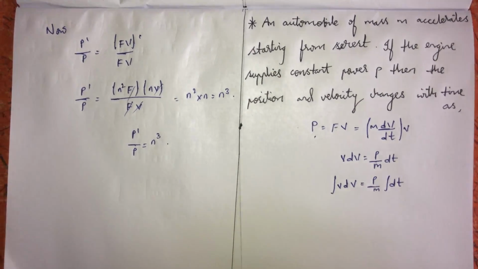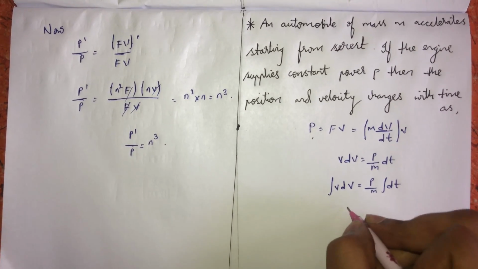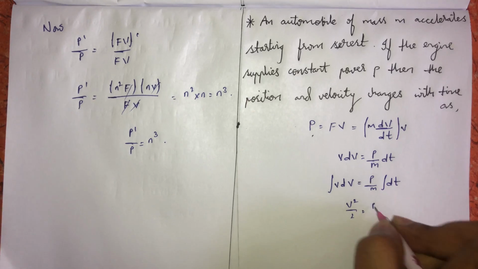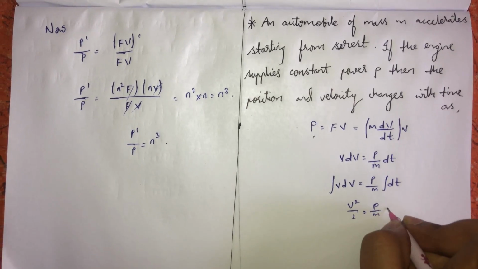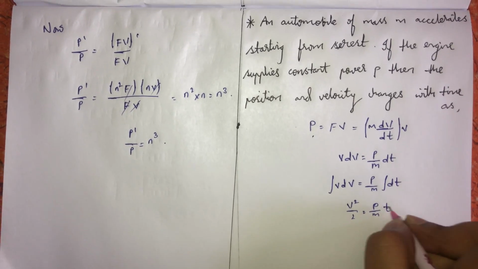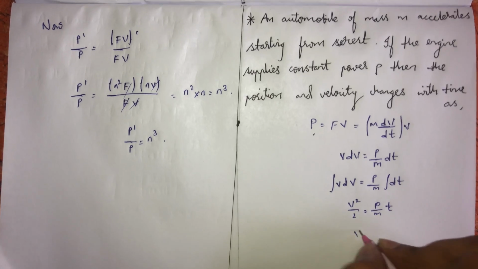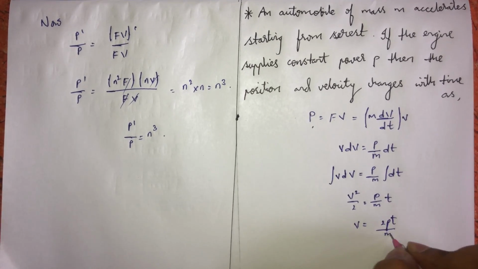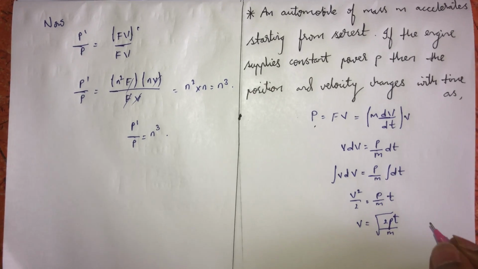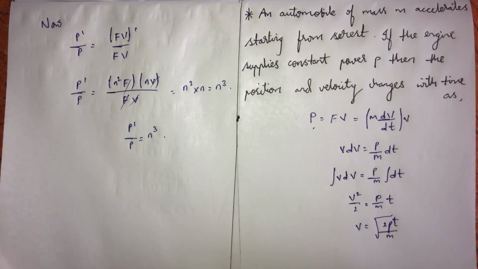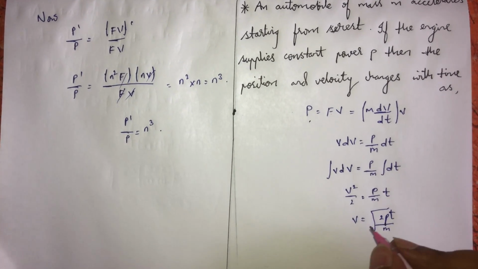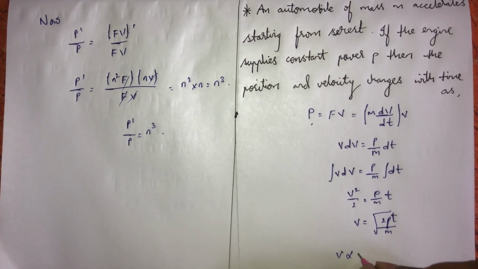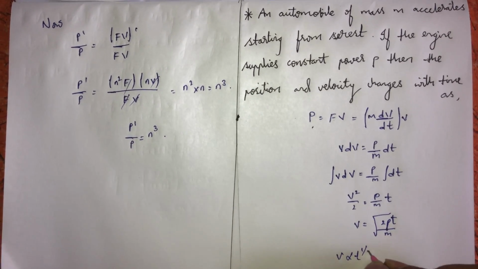As we know how to integrate, we are left with V squared by 2 equals P by m into t. So V will be equal to under root 2Pt by m. As asked, the relationship between velocity and time is that V is directly proportional to t to the power of 1 by 2.